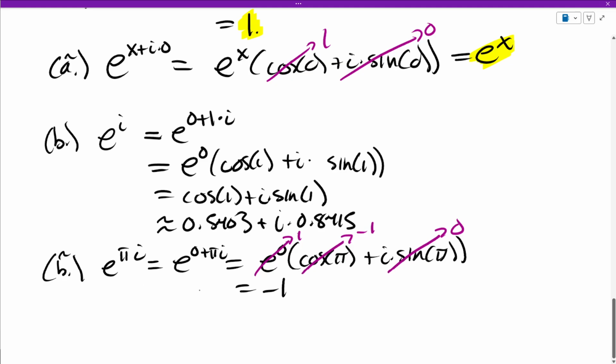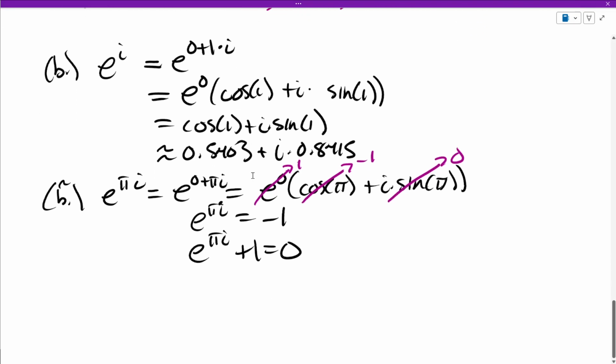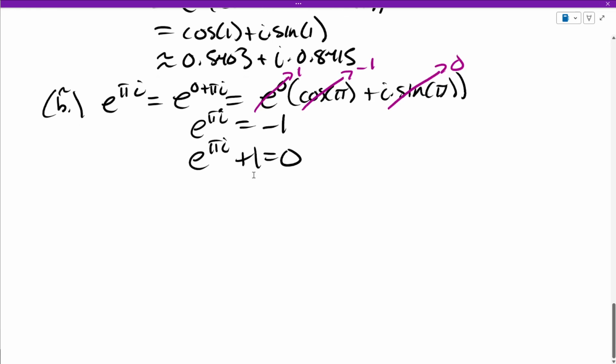And the far left side here is e to the pi i. This is one version of the most beautiful equation. Another version is obtained by adding 1 to both sides, and this is called the most beautiful equation. Well, you can check why, but it involves 5 of the most useful constants, for some definition of the word useful. But nevertheless, you can't start talking about the complex exponential without saying what that is.